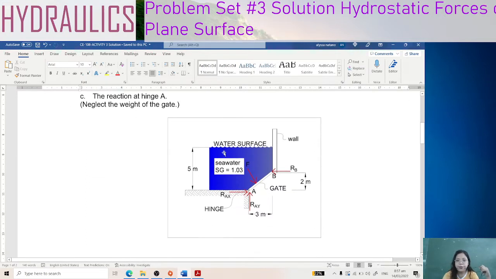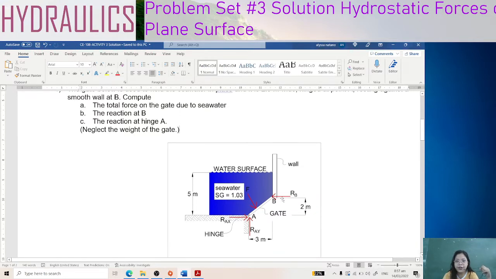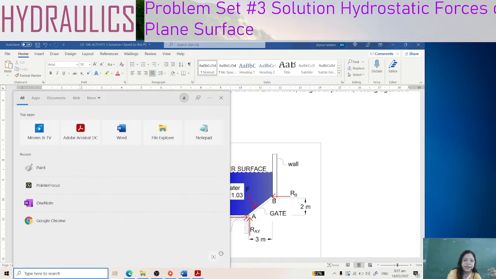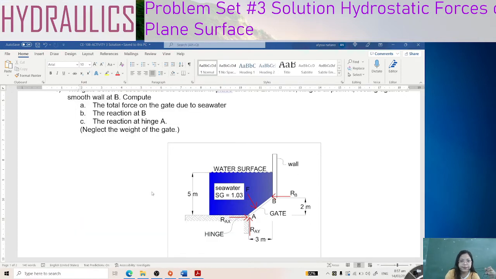So, as you can see from the figure, already nakalagay na yung kanyang free body diagram. So, therefore, kailangan na lang nating hanapin yung mga values or magnitude ng iba't ibang forces na yan. As you can see, meron na ditong F. This is the hydrostatic force.